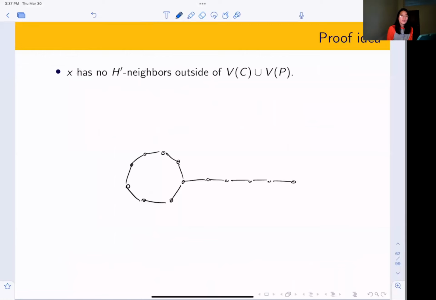Okay, so here, the first observation, very easy, is that this endpoint here, X, does not have any H prime neighbors outside of the vertex set of the Berge cycle or path. Because if it did, then I can just extend this path to get something longer.